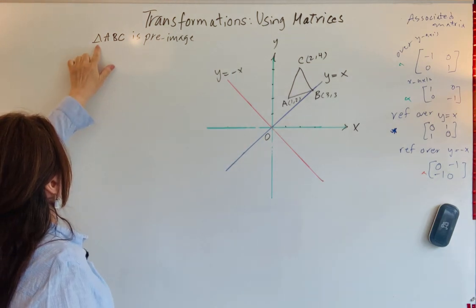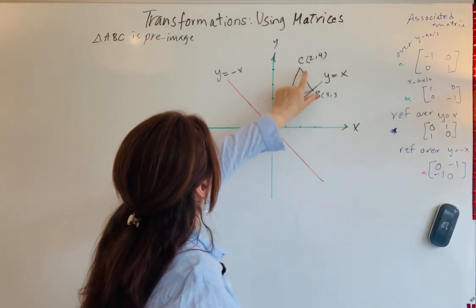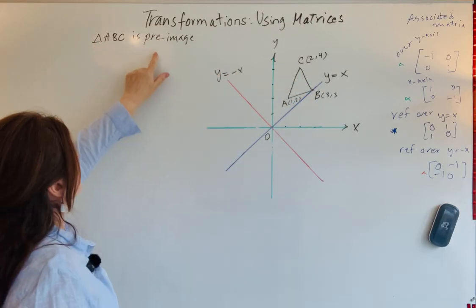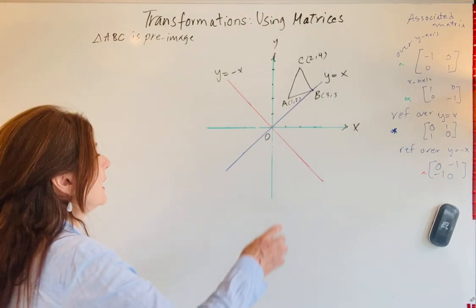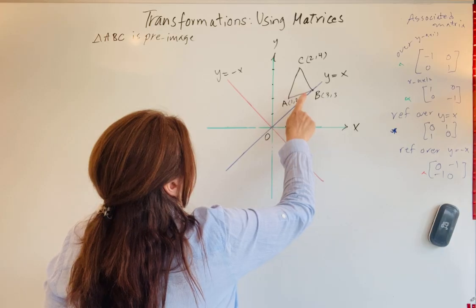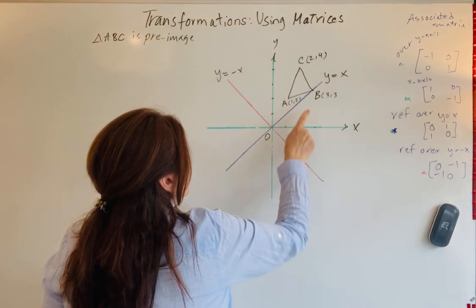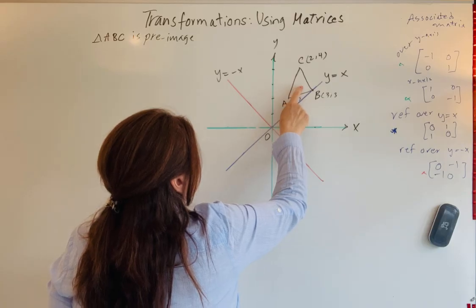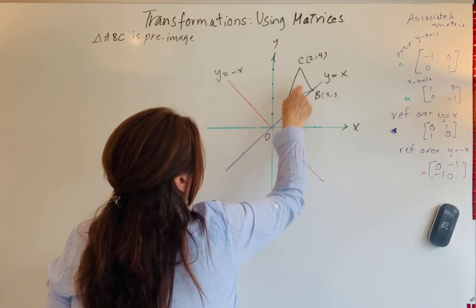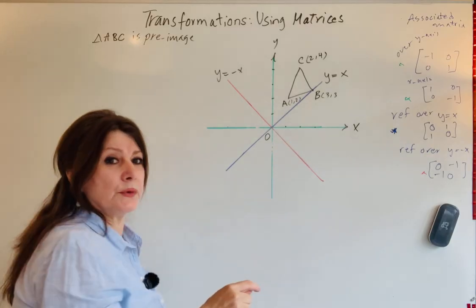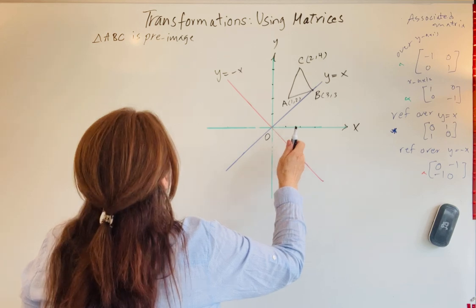The triangle ABC is the pre-image. We are looking for the image after reflection over the x-axis. You know that for reflection over the x-axis, we keep the x's and use the opposite sign of the y's. But how can we do it with matrices?